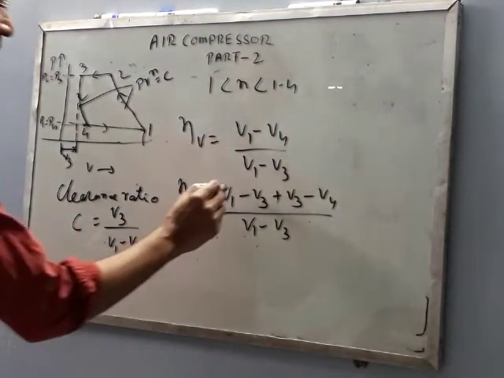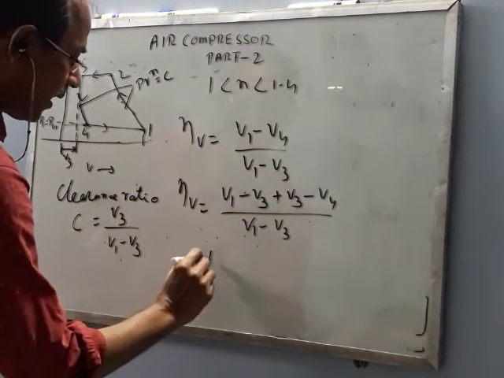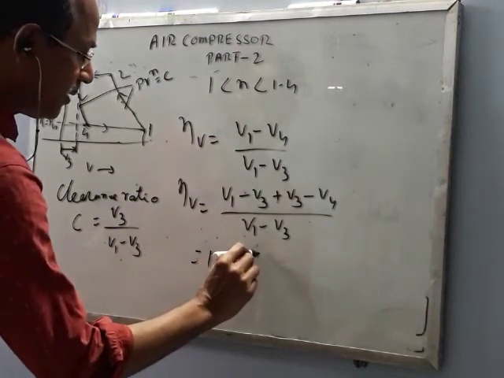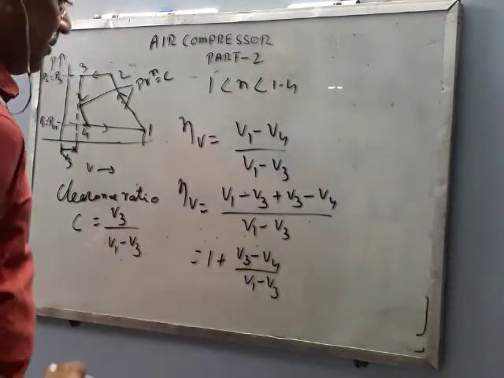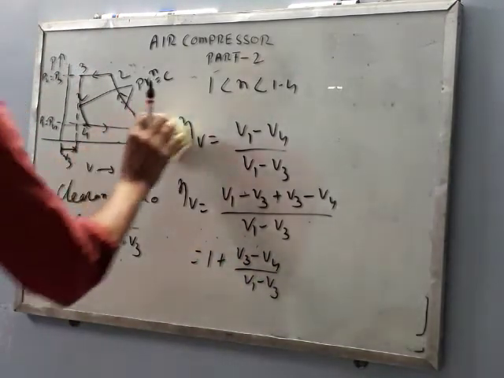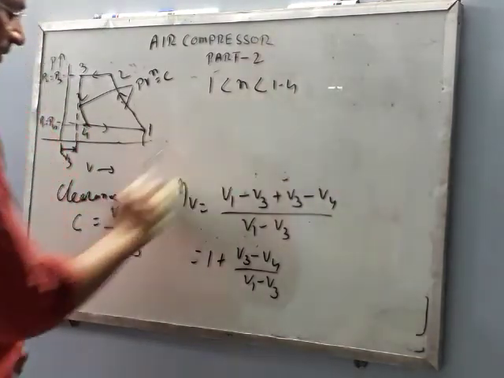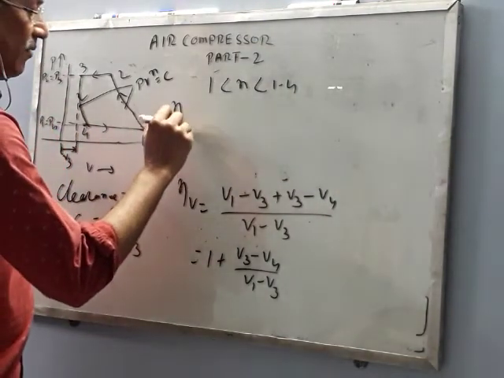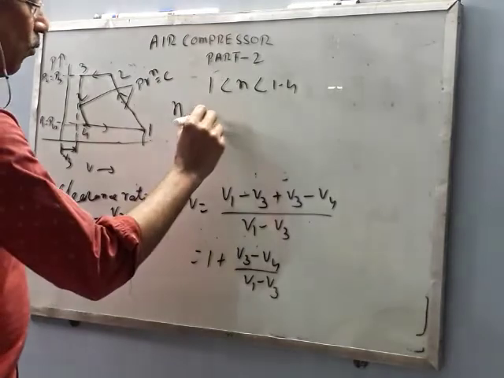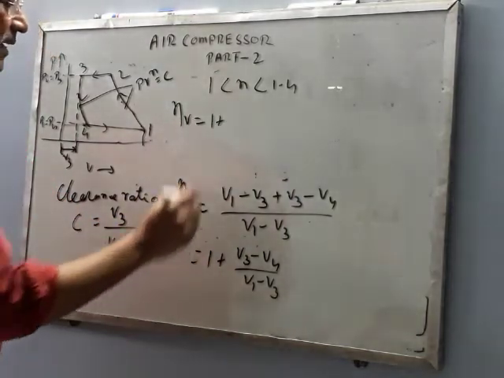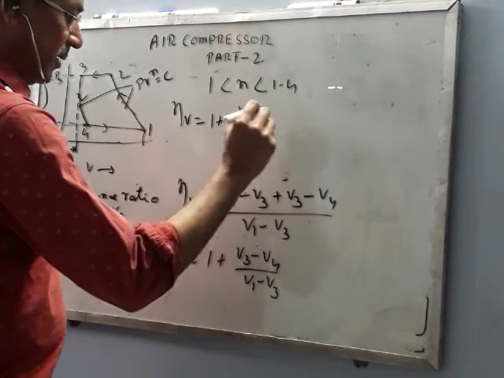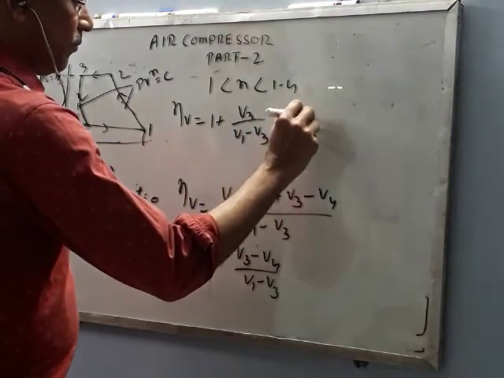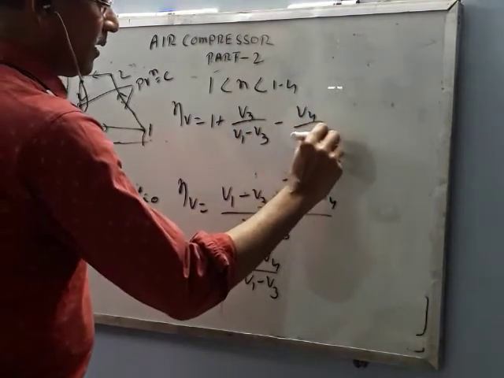So this is equal to 1 plus V3 minus V4 divided by V1 minus V3. Now eta volumetric is equal to 1 plus V3 by V1 minus V3, minus V4 by V1 minus V3.